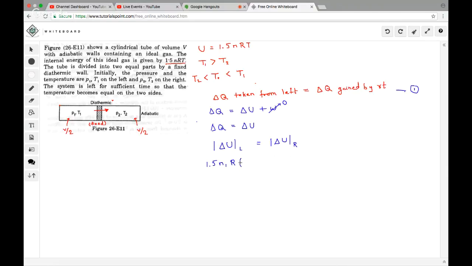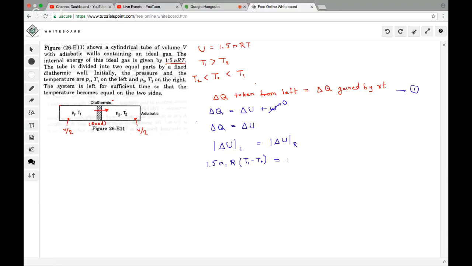It has gone from T1 to T0. T1 being the higher temperature, it will be T1 minus T0. I want to make it a positive number because I just want to equate the magnitudes, so I'm subtracting the lower temperature from the higher temperature.